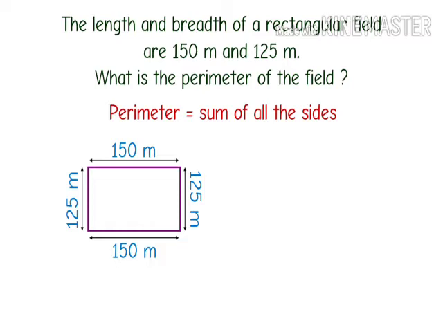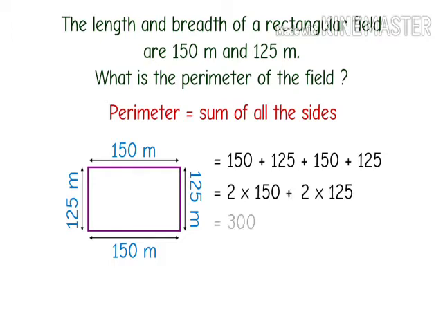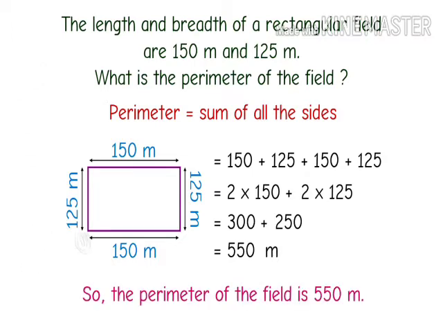Perimeter is equal to sum of all the sides, is equal to 150 plus 125 plus 150 plus 125, is equal to 2 multiplied by 150 plus 2 multiplied by 125, is equal to 300 plus 250, which is equal to 550 meters. So, the perimeter of the field is 550 meters.